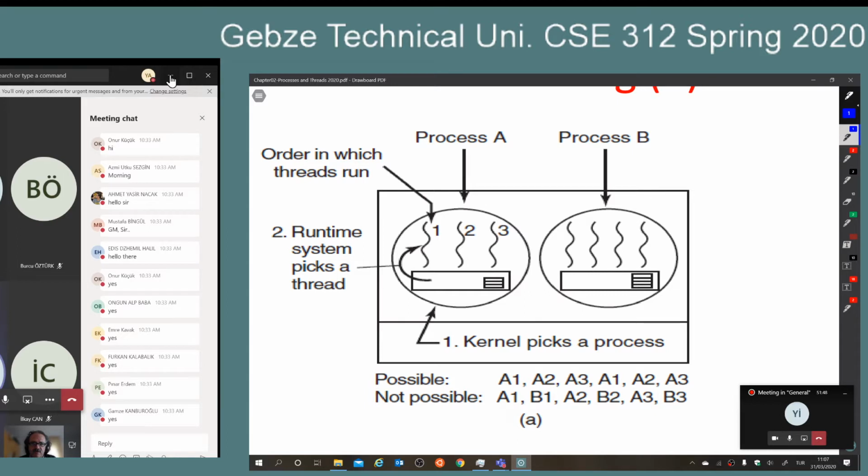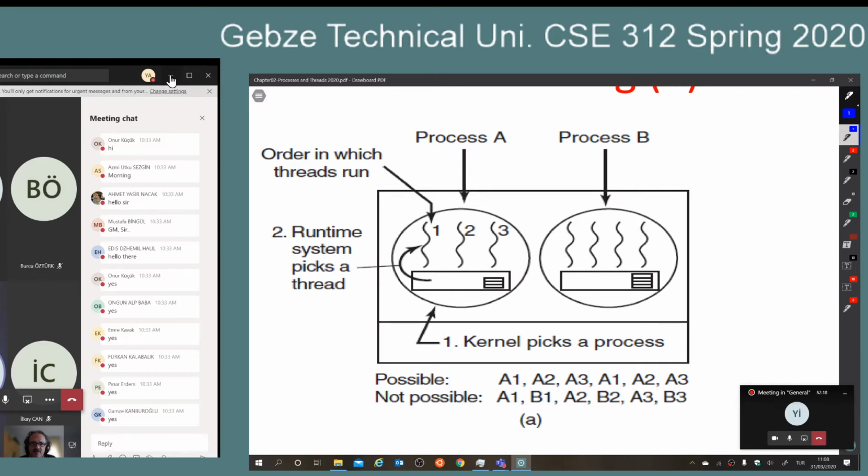That means the kernel doesn't know that there are 3 and 4 threads in each process. The kernel knows that there are 2 processes, and it switches between these 2 processes. That's what the kernel knows.